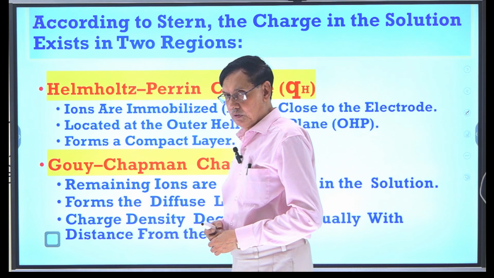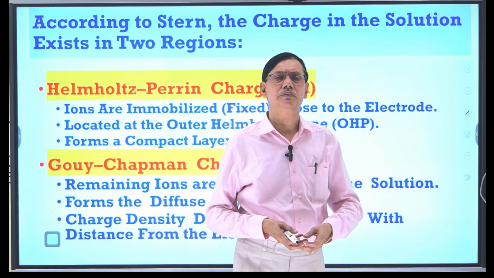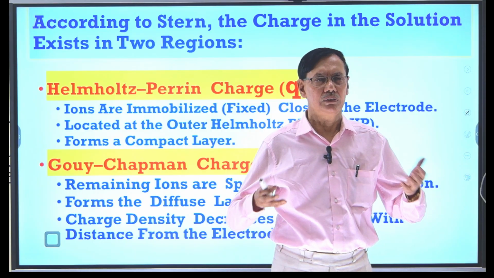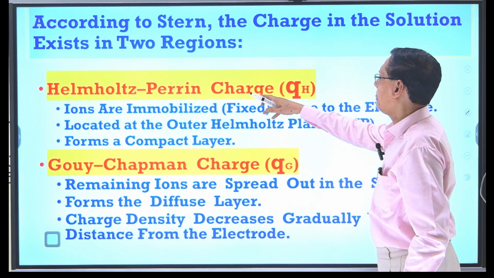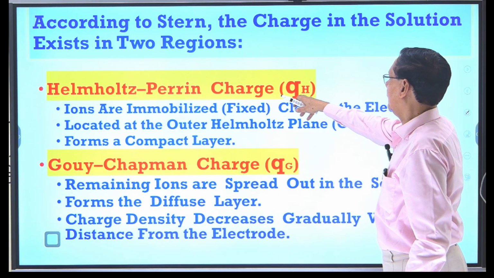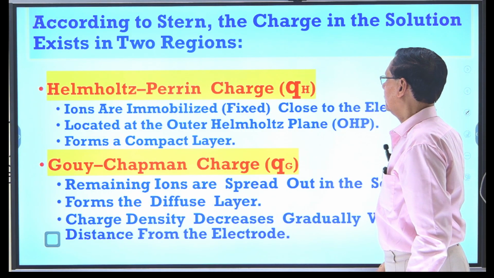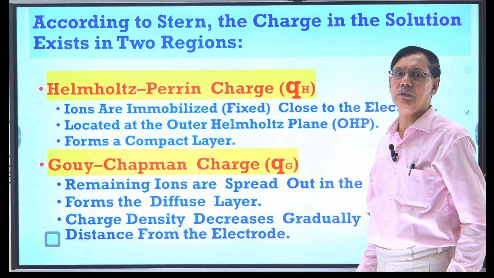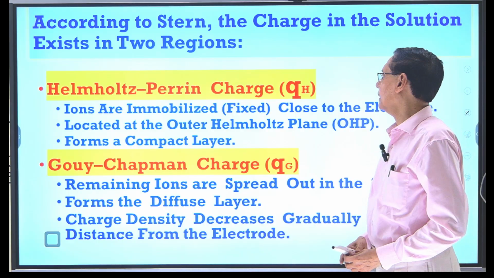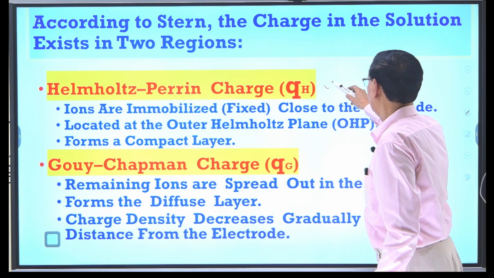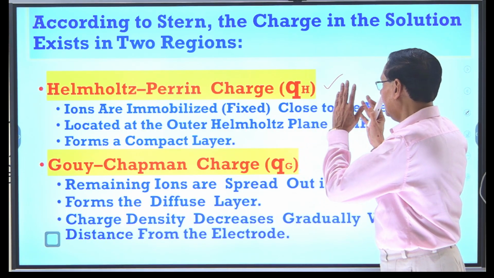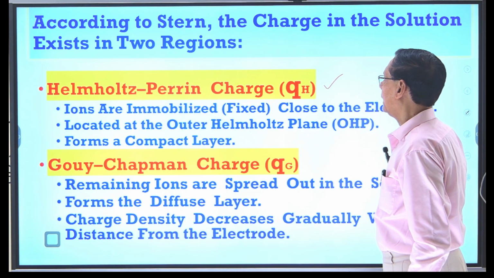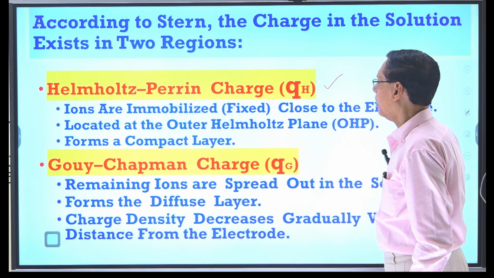Now, just for recapitulation, if you forget the Perrin model or Helmholtz model, just to remind you, if I consider the Helmholtz layer, QH is the total charge of the Helmholtz layer. Here ions are immobilized, that means fixed, close to the electrode, located at the outer Helmholtz plane, and form a compact layer.